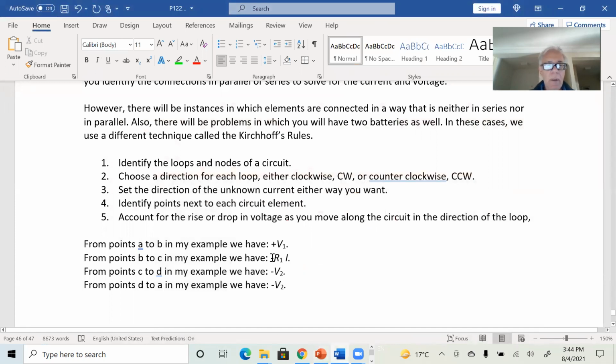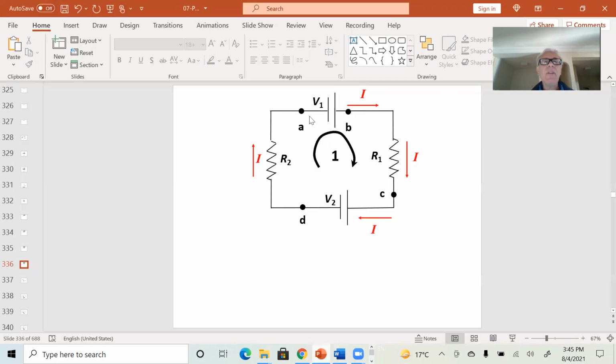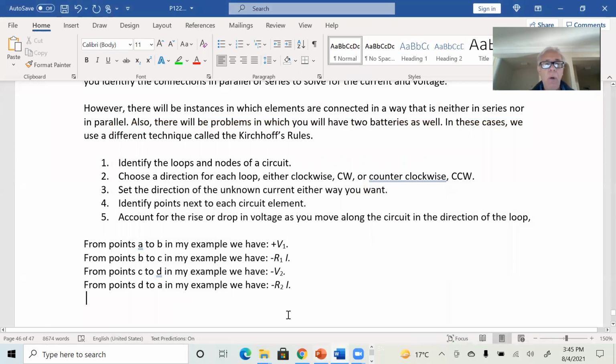R2 times I. Those are all the drops in potential. When we start here and come back to the initial point, we have a net potential of 0. So the sum of all those 4 values should be equal to 0.